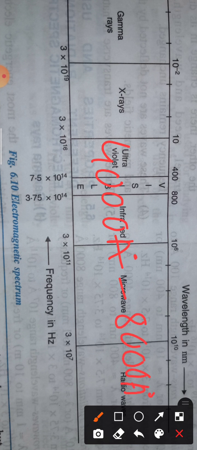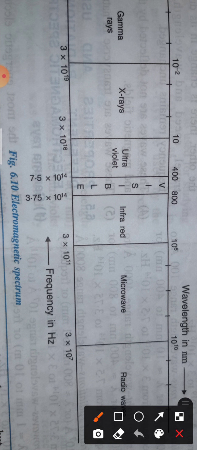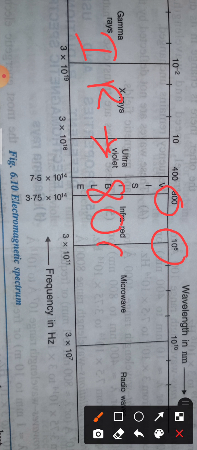After visible light, infrared comes. The range of infrared is from 8000 angstrom to 10 to the power 7 angstrom.